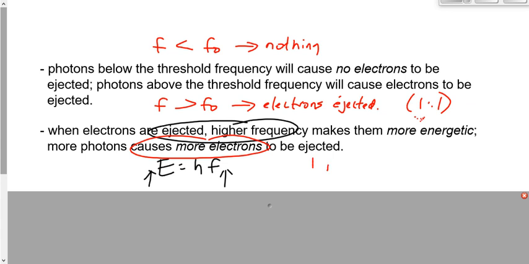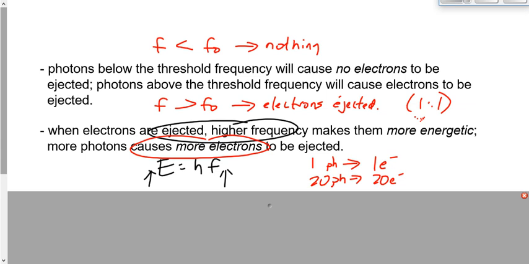One photon, one electron, 20 photons, 20 electrons. If we have more photons and really high frequency, then we'll cause more electrons that are more energetic to be ejected.